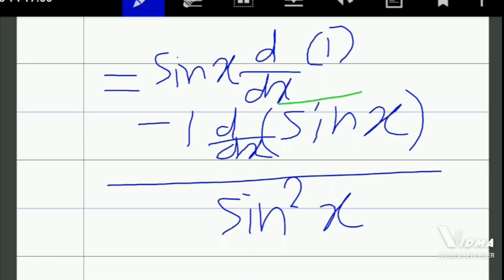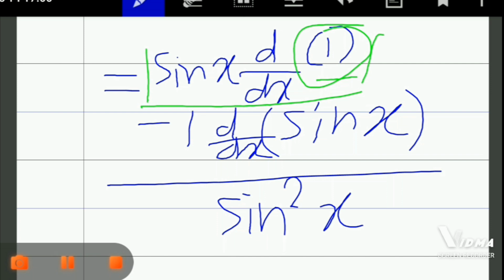Now this term would be 0 as the differentiation of a constant is 0, and the differentiation of sin x would be cos x.